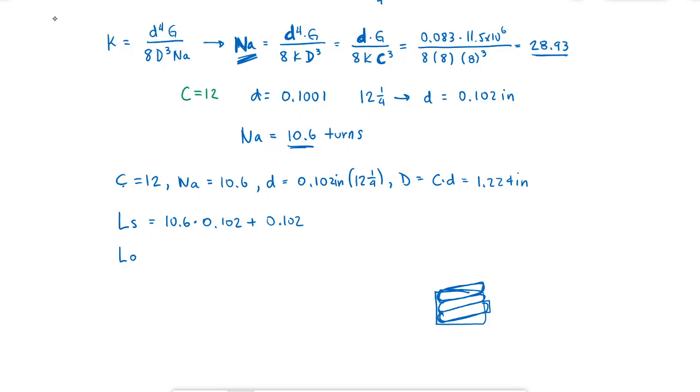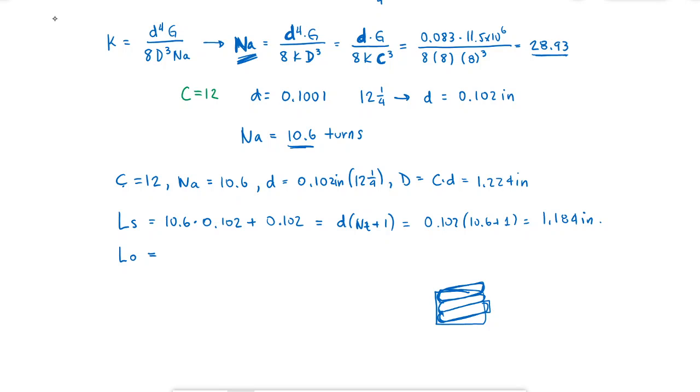Okay, or you can follow the equation from the table, d and Nt plus 1, which is the same thing, 0.102 times number of turns plus 1, and that gives me a solid length of 1.184 inches.